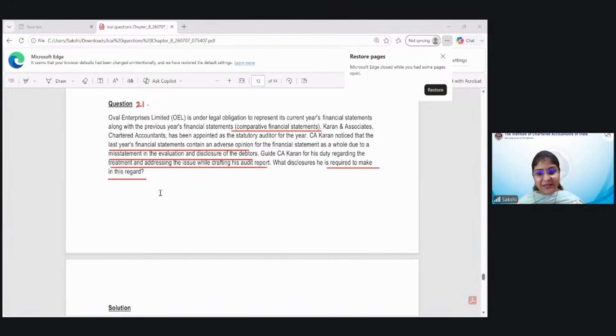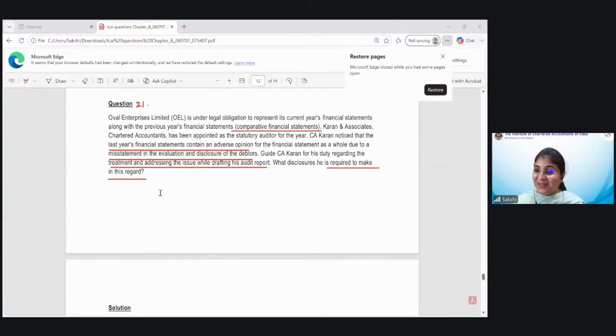See, they are saying it deals with comparative information. Comparative financial statements. And Mr. Karan, who has been appointed as the auditor, notices, meaning last year he was not the auditor, or he was the auditor and forgot, I don't know.